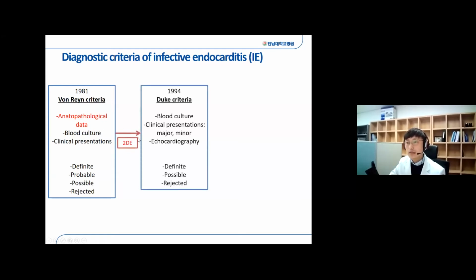But as two-dimensional echocardiography developed, in 1994 the Duke criteria included the 2D echo findings in their criteria list, and the vegetation visualized on echocardiography has been settled as the major criterion in the diagnosis of IE.